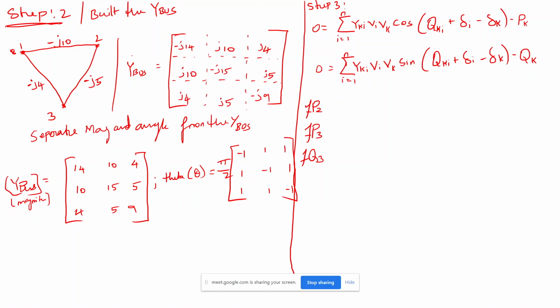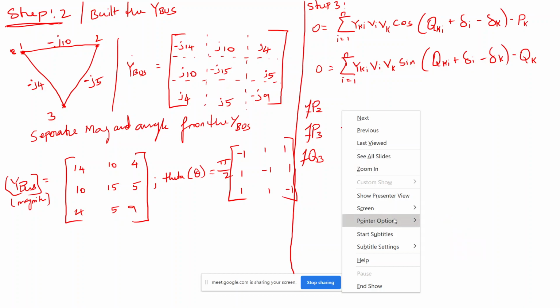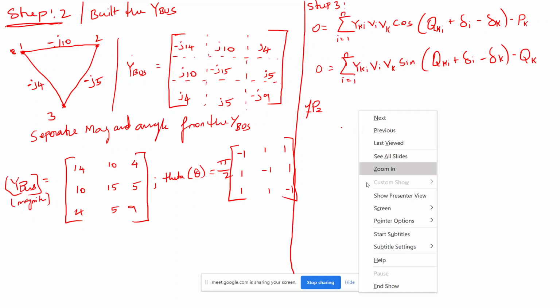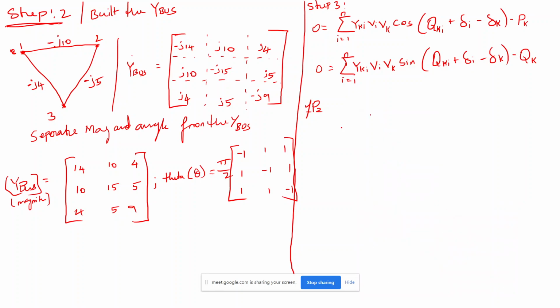Now if I want to write the equation for Fp2, here what is k for this equation? What is k? Someone tell me. I need to do this equation for this P2.